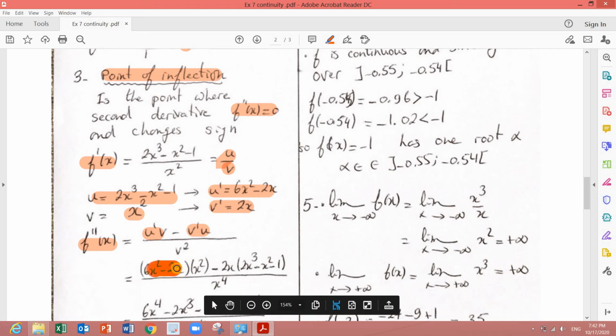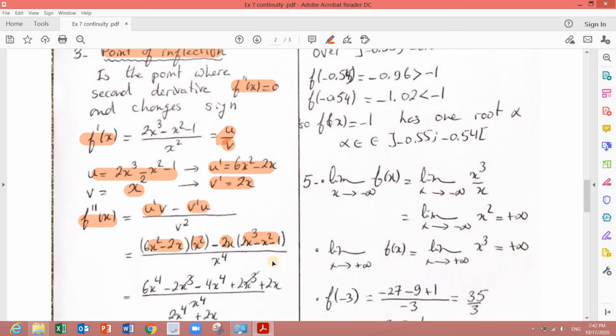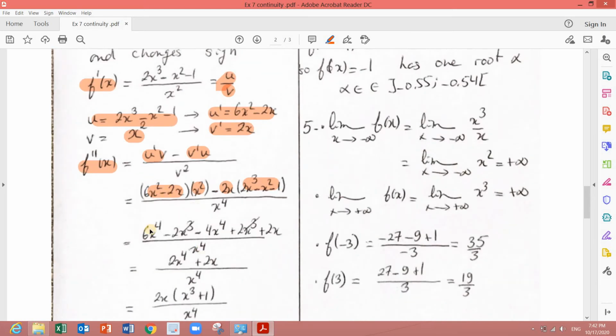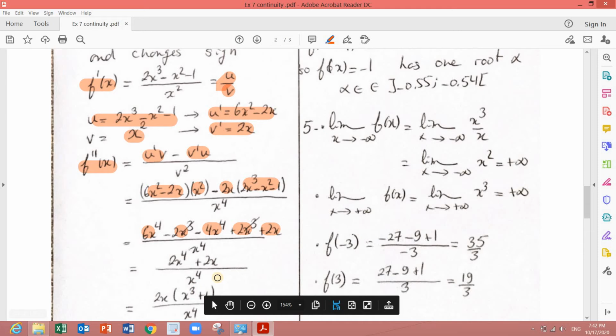This is u prime, this is v, this is v prime, this is u. We expand: 6x to the power 4 minus 2x cubed minus 4x to the power 4 plus 2x cubed plus 2x. By reducing, we get 2x to the power 4 plus 2x over x cubed.